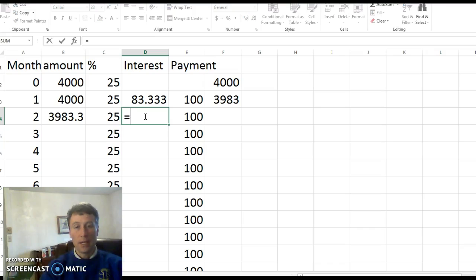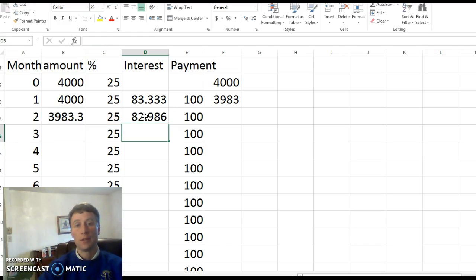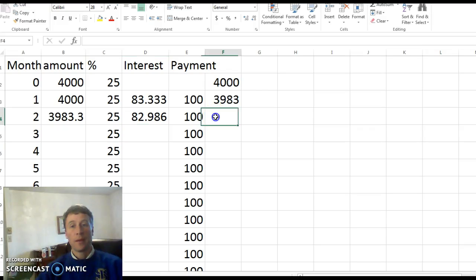So this one will be equals B4 times C4 divided by 100 divided by 12. So now it's not quite as much interest because there's not quite as big a value. And so when I calculate that one, I can just drag that one down and calculate that one. So now I owe $3,966.